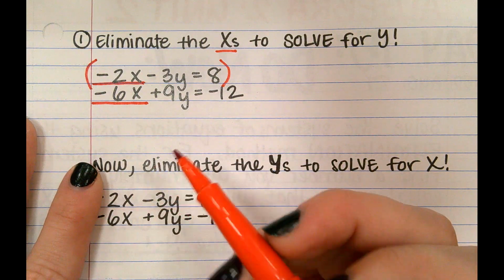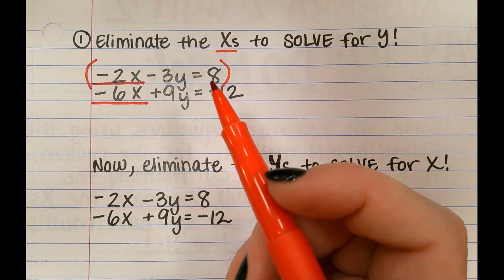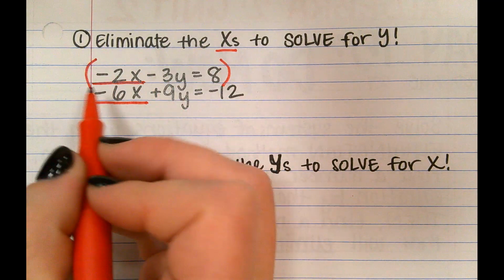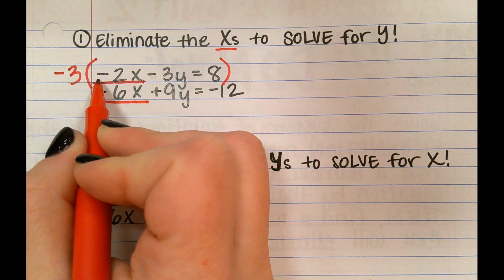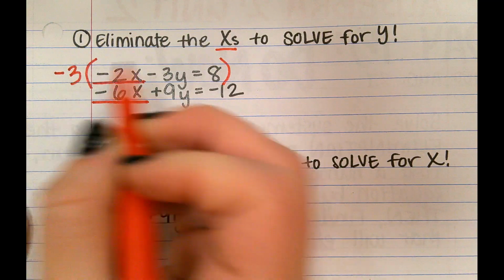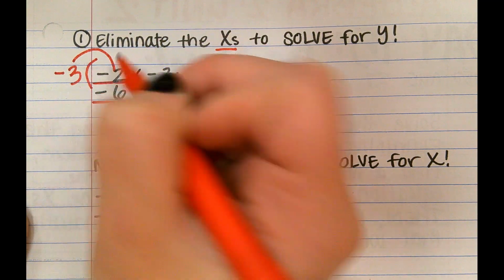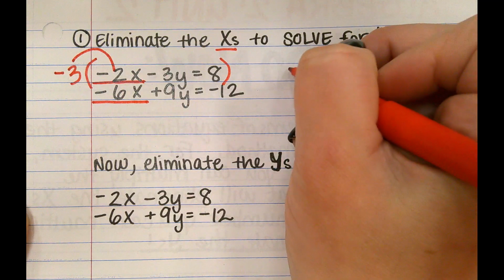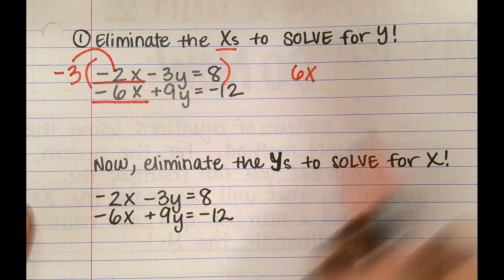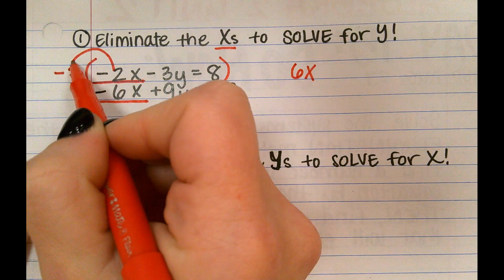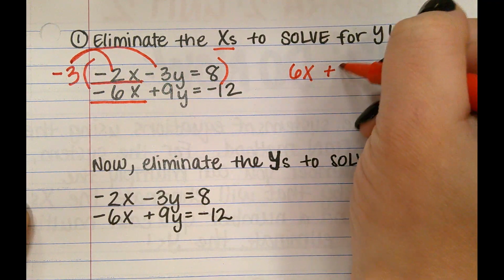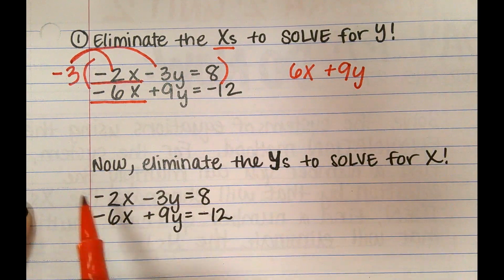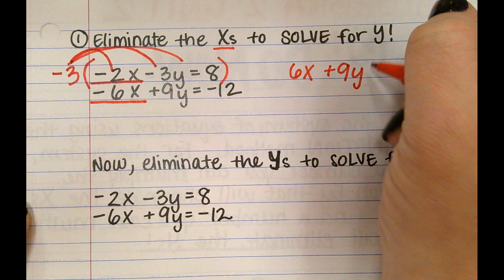Minus 3. Yes, negative 3. Because if I start with a negative and I want it to be positive 6, yes, it will cancel. So we get positive 6x plus 9. Yes, negative 3 gets me positive 9y equals 24.